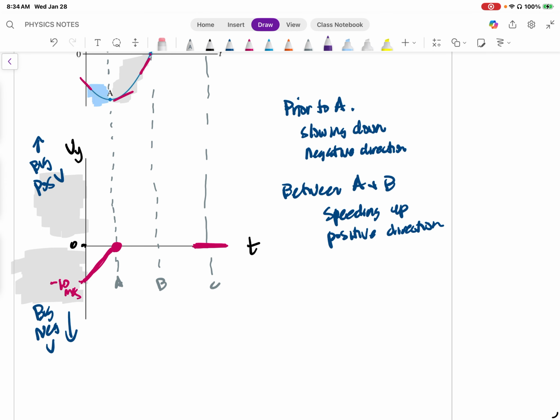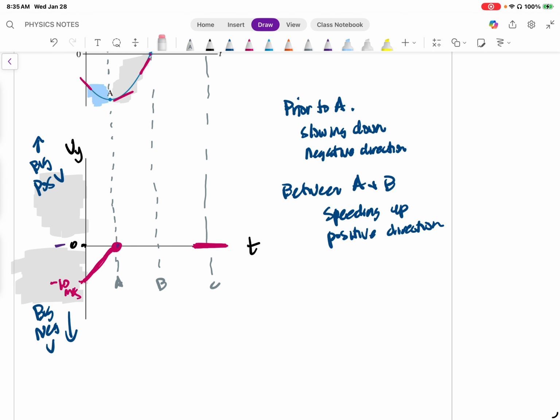If I do this, I'm speeding up because I'm going from 0 to a larger speed in the negative direction. Or I can speed up here, above my 0, which means speeding up in the positive direction. So we need to check which one we are doing.